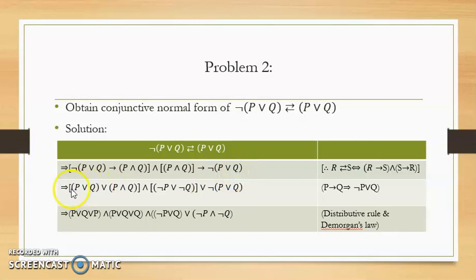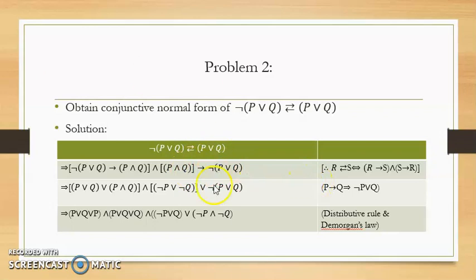Here again I can take this not inside. If I take not inside, and here also I can apply, R implies S can be written as not R or S, so P or Q or P and Q. And here also I can write this R implies S. This part again I am applying the if and only if condition.